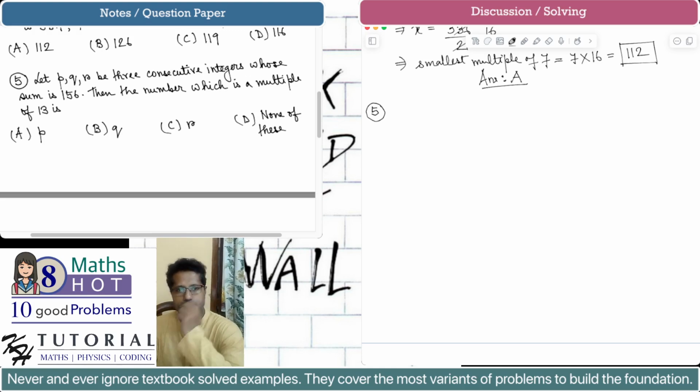So P is the smallest among the three consecutive integers. P is the smallest one, Q is the middle one, and R is the largest one. So we have to basically find the three consecutive integers whose sum is 156.